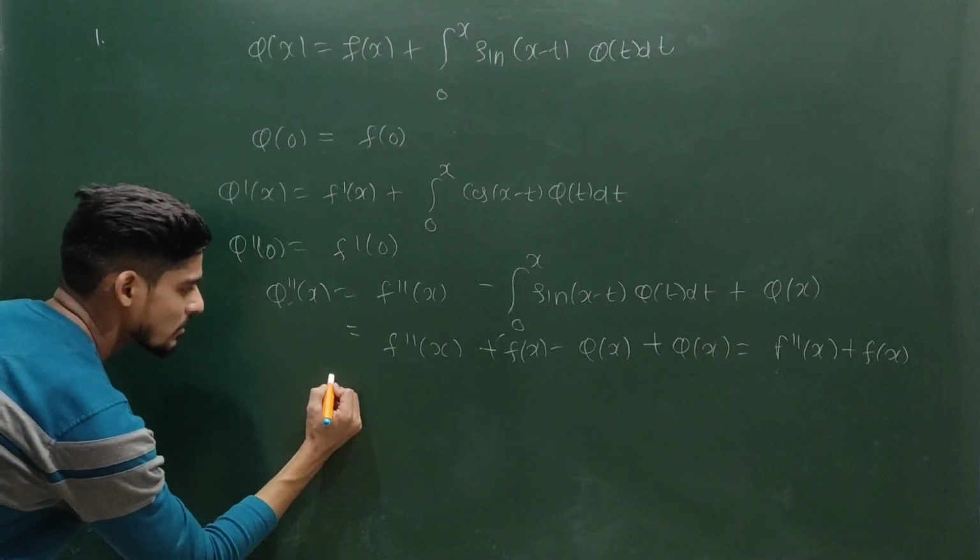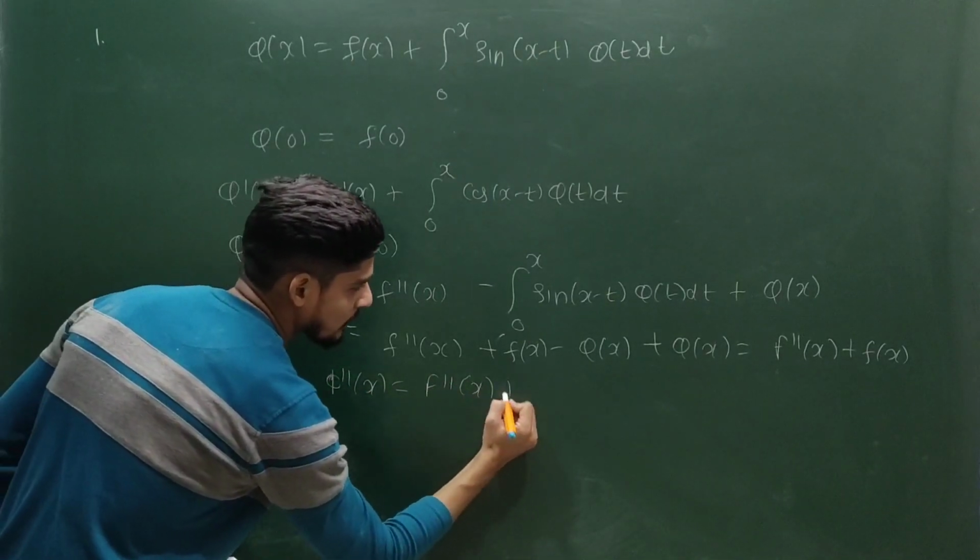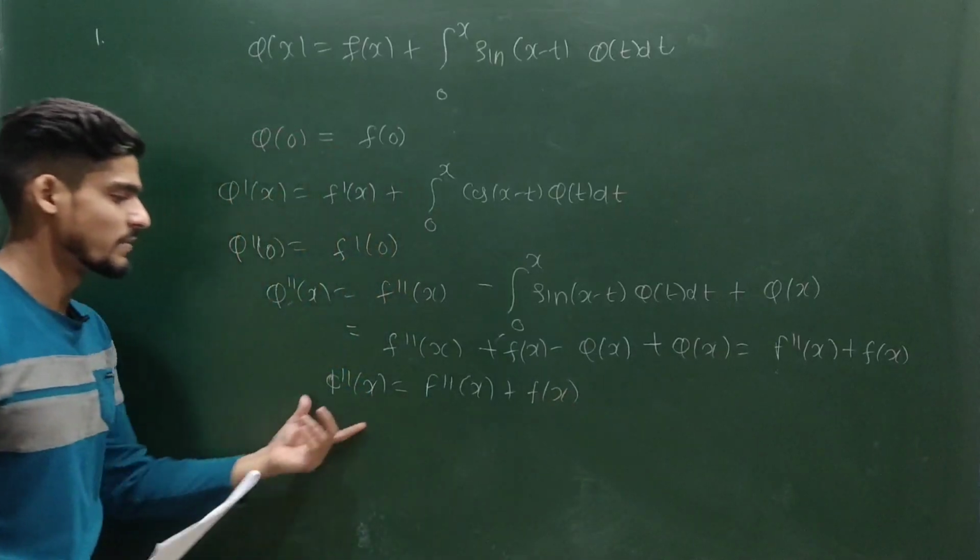So I am having at last phi double dash x is equal to f double dash x plus f x. So this is my equation.